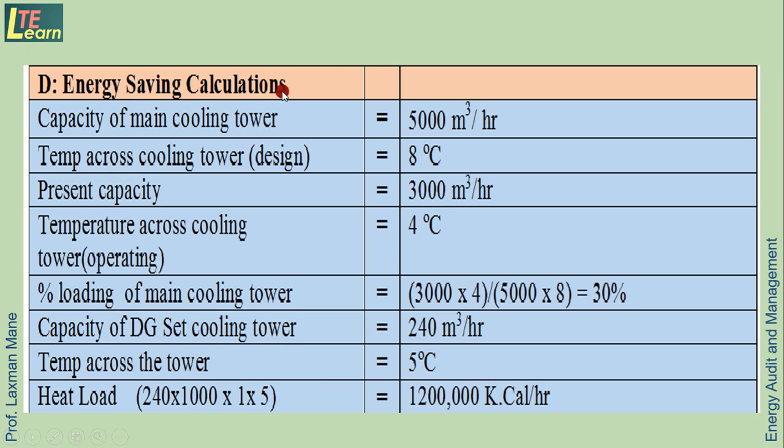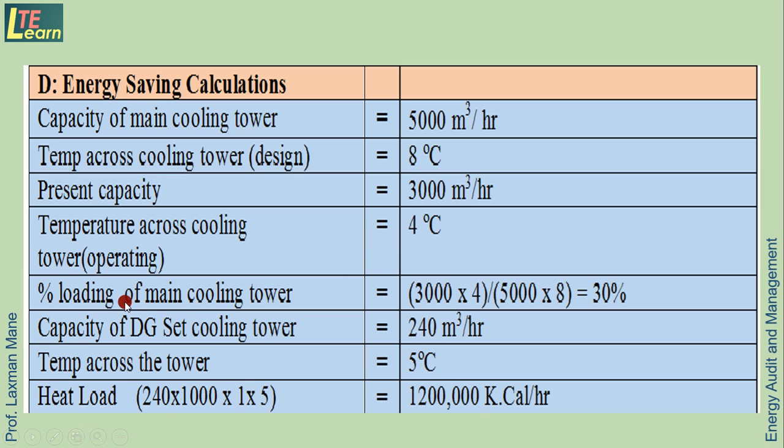So the energy saving calculations are here. Capacity of main cooling tower is 5000 meter cube per hour, and design temperature across the cooling tower is 8 degrees Celsius. Present capacity is 3000 meter cube per hour, and the temperature across the cooling tower operating is 4 degrees Celsius.